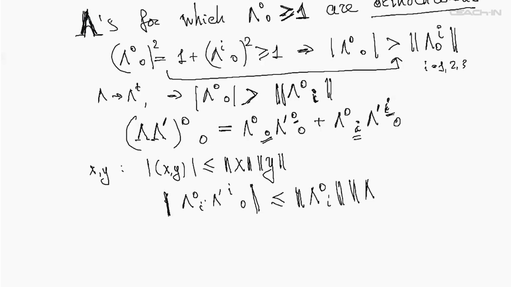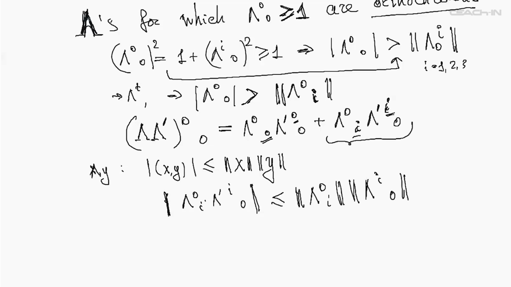That's a straightforward application of the Cauchy-Bunyakovsky inequality. And so from here you see, therefore, that the modulus of this term here is less than the product of the norms of these two vectors.